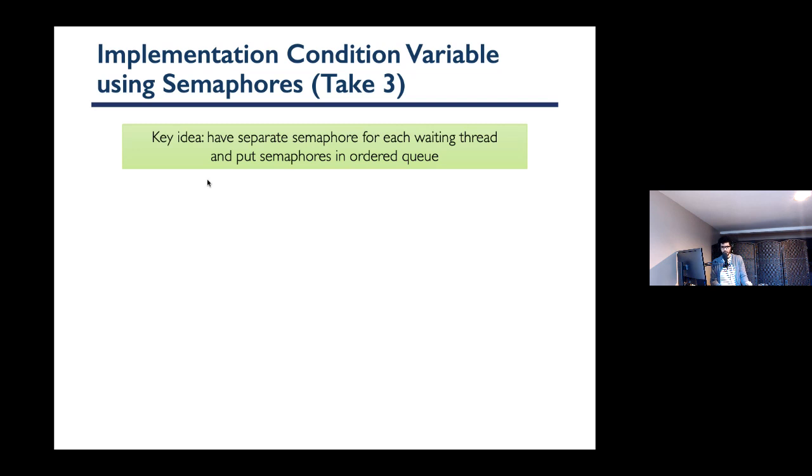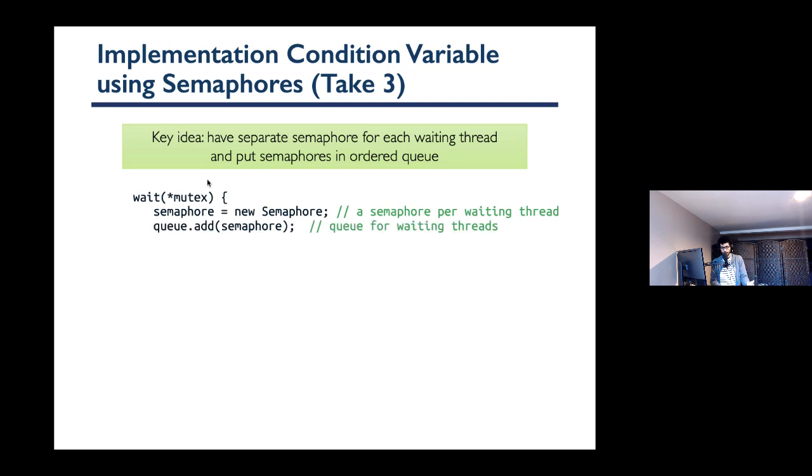We're going to do the same thing here. We're going to create a semaphore for each waiter. So every time you wait, you get your own semaphore, and then we add your semaphore to the queue. Once we do this, it's safe for us to unlock the mutex and then call P. Now let's look at the signal.